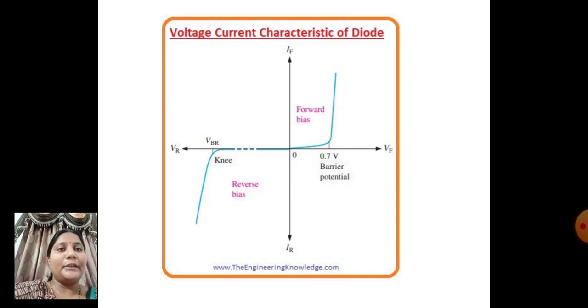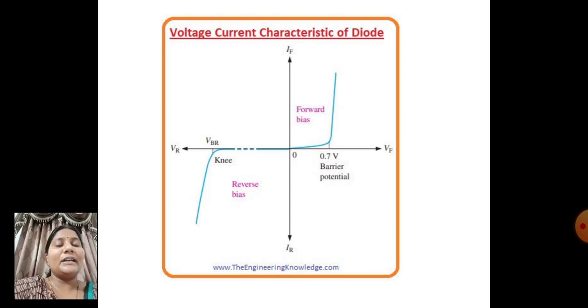From 0 up to those dotted lines, the PN junction diode conducts no current, and when it reaches a particular value, known as VBR, the breakdown voltage, the diode conducts current, but very little compared to the forward current, because in reverse bias the current conducts only due to minority charge carriers.